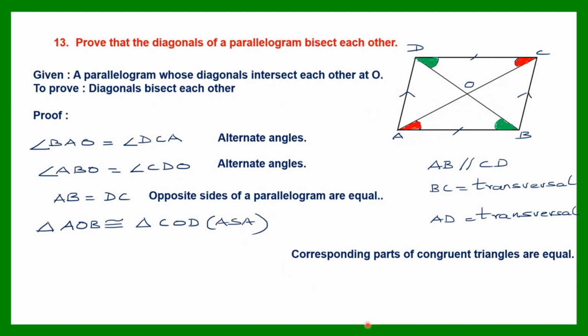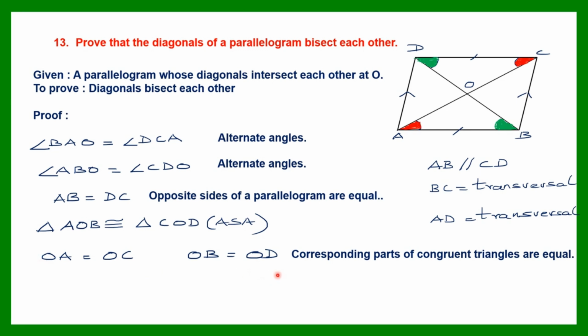That means OA will be equal to OC and OB will be equal to OD. So let's write that. OA is equal to OC and OB is equal to OD. Okay, and how did we get this? We got this because corresponding parts of congruent triangles are equal.